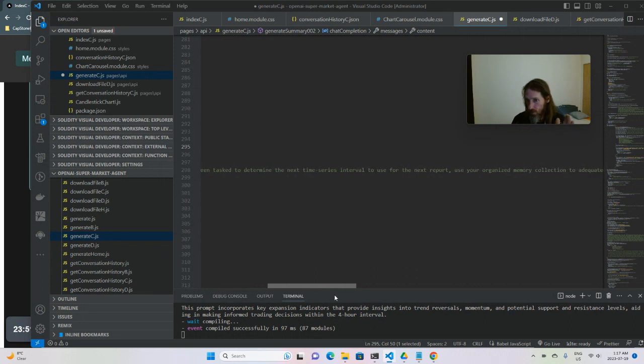Use your organized memory collection to adequately choose the next interval to analyze. Here's a list of possible choices, starting from a more broad view of the market to a more in-depth insight. So I just give it these 1 month to 1 minute intervals. The generated response must equal one of the choices only. Example, 1 month or 1 minute.